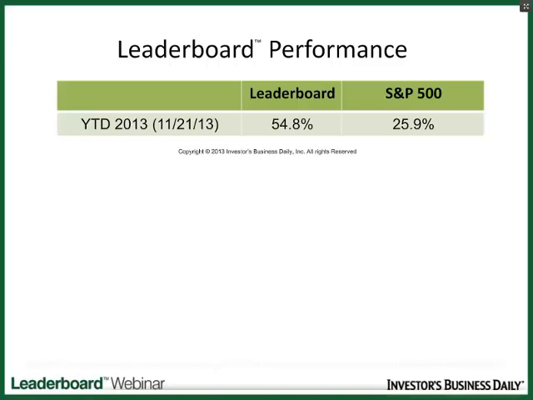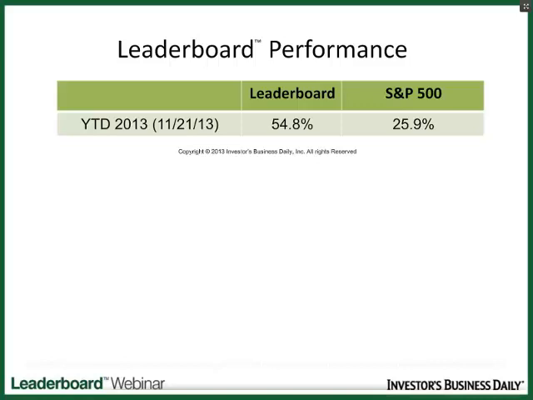That's pretty normal for an uptrending market, and that's what we like to see. When the market's in an uptrend, we want to at least be doubling that performance, and especially when we get into a really strong bull market, you can even see a triple or even more.